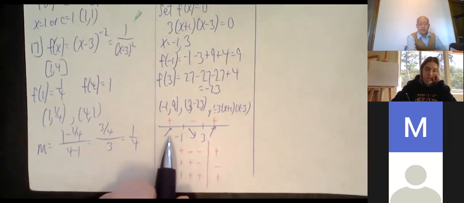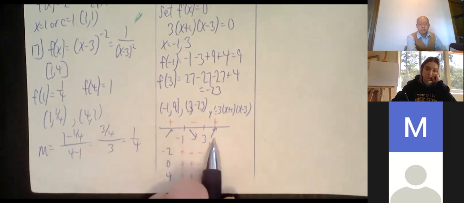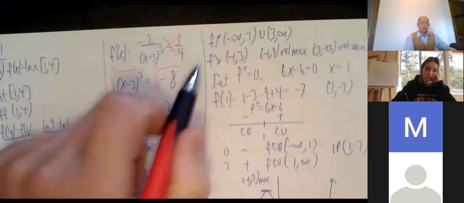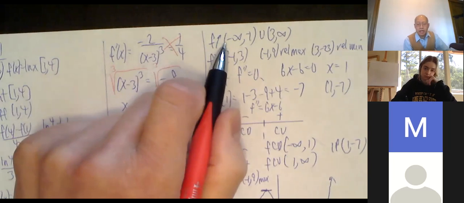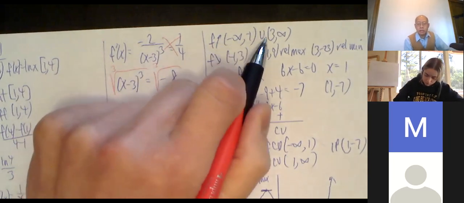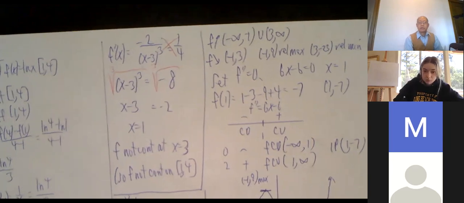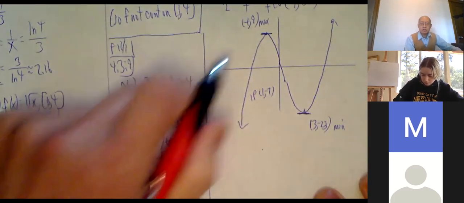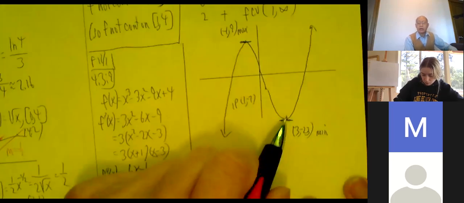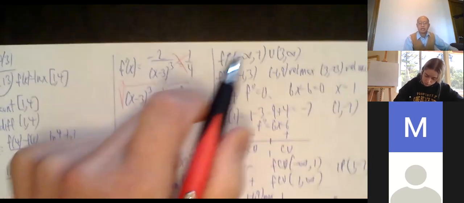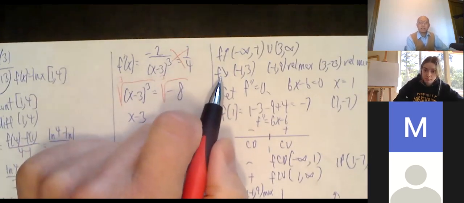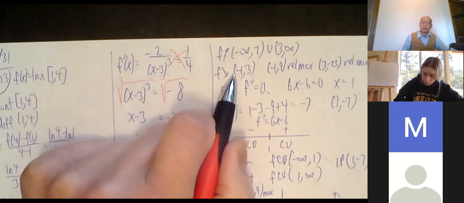From -infinity to -1, and also from 3 to infinity. So f is increasing from -infinity to -1, union 3 to infinity. Where is the function decreasing? Only between -1 and 3.